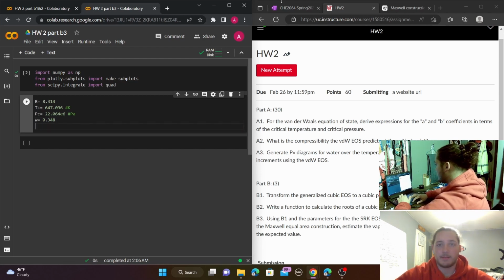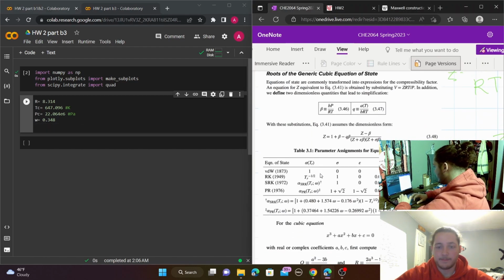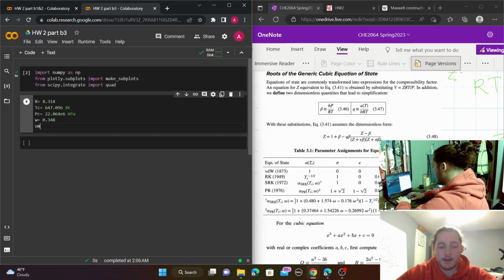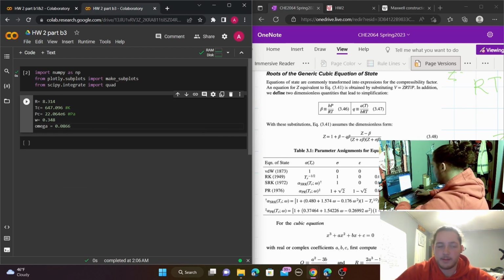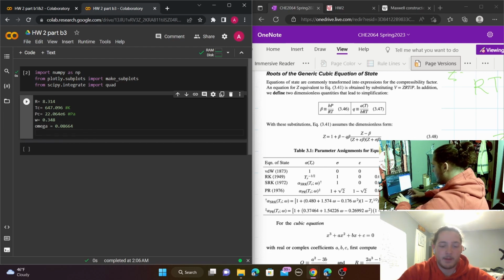And then next we need to go over here and we can set our omega value equal to 0.0864, and our psi value is 0.42748, and we're just pulling those from this table of parameters.